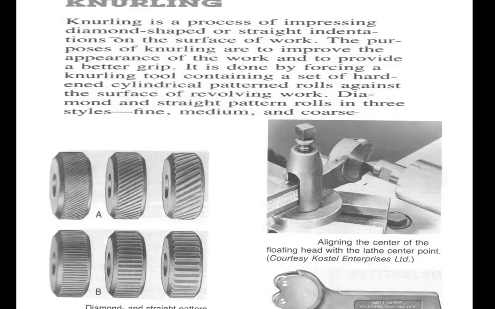Knurling is a process of impressing diamond shape or straight indentations on the surface of work. The purposes of knurling are to improve the appearance of the work and to provide a better grip.